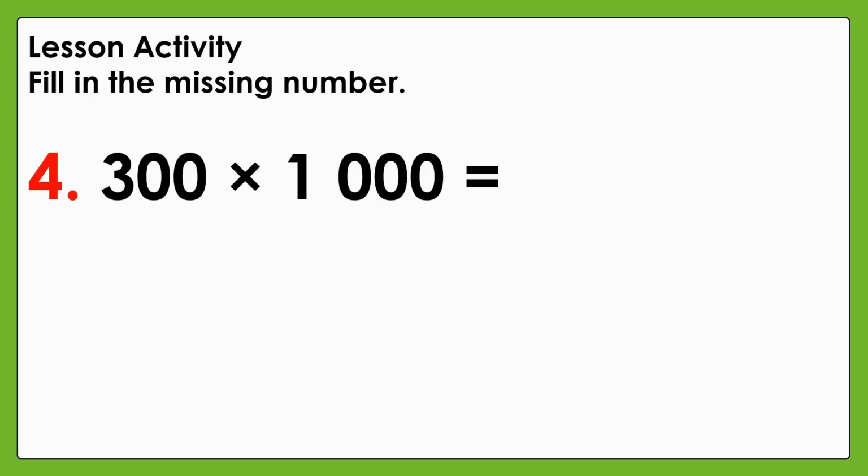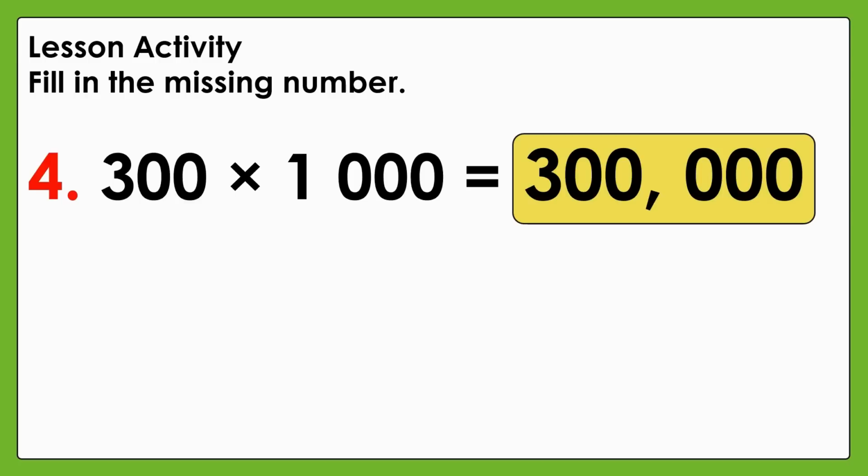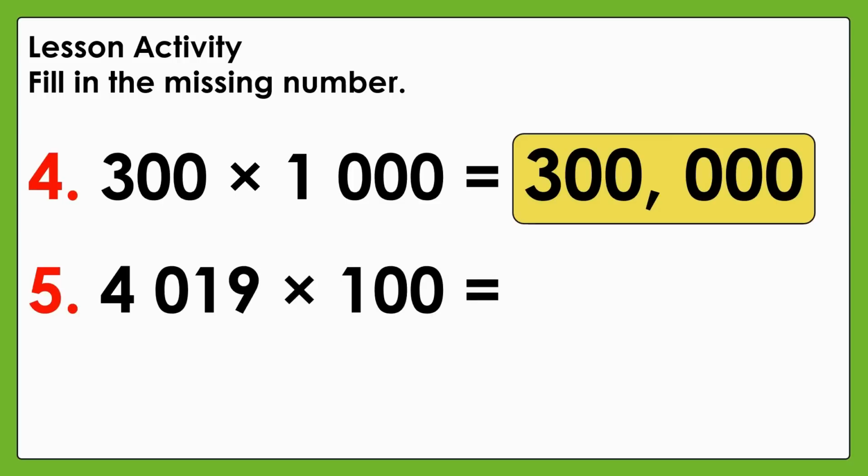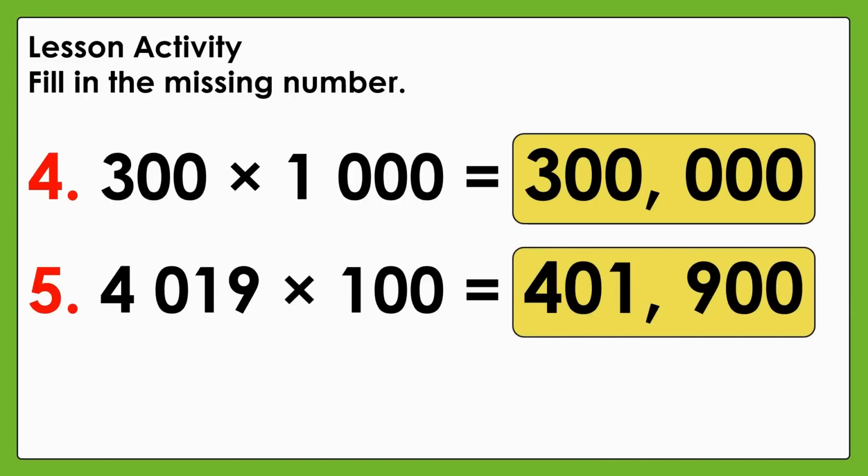Number 4, 300 times 1,000. The answer is 300,000. Number 5, 4,019 times 100. The answer is 401,900.